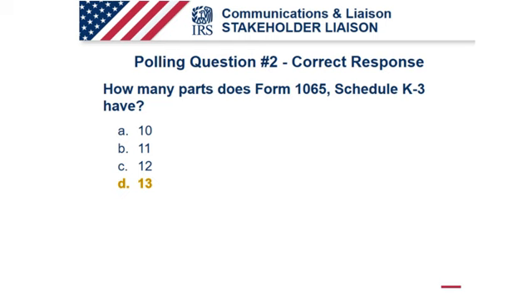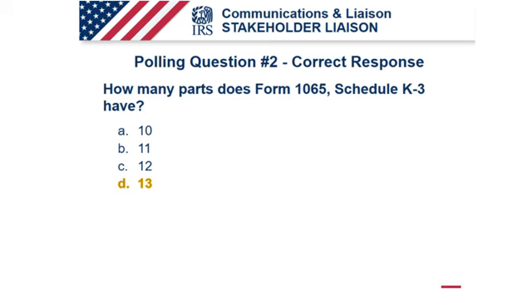Part 3 is other information for the preparation of Form 1116 or 1118. Part 4 is information on the partner's Section 250 deduction with respect to FDII, Foreign Derived Intangible Income, and that also contains information on the deduction eligible income and QBI, the FDII calculation.